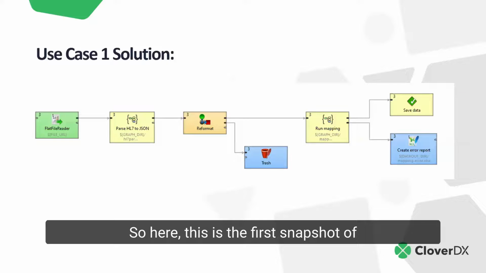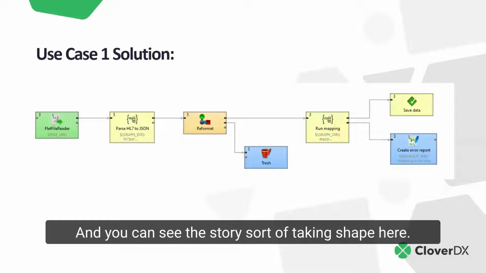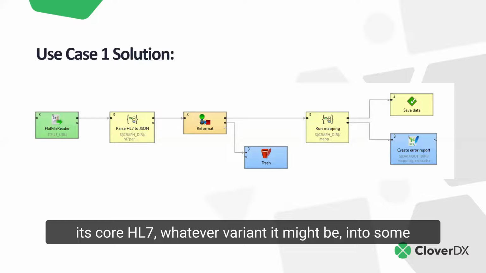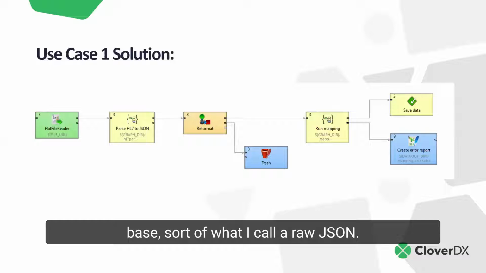So here is the first snapshot of something from our product, a visual design of a data pipeline. And you can see the story taking shape here. We're reading a message, first of all, then translating it from its core HL7, whatever variant it might be, into some base, what I call a raw JSON.